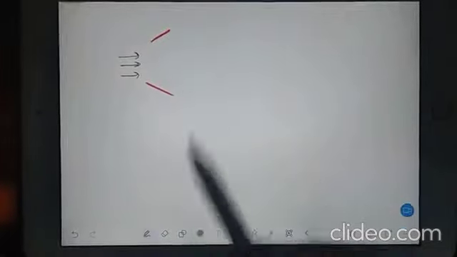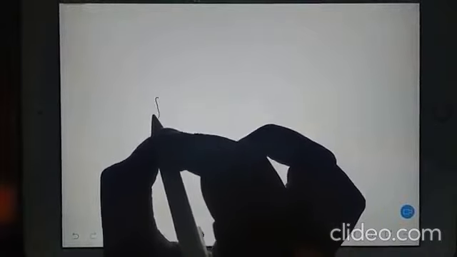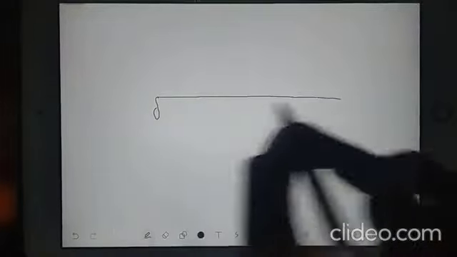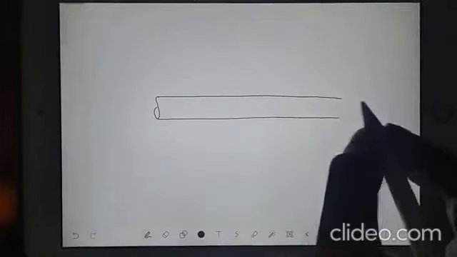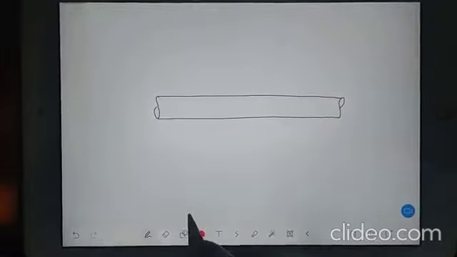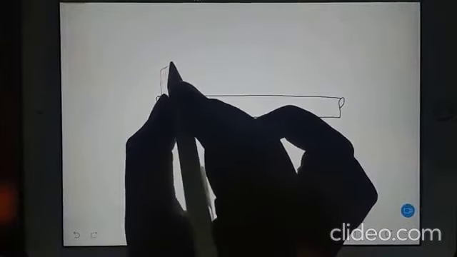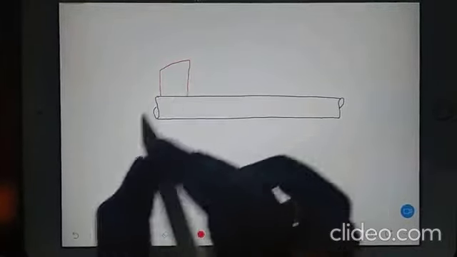So I will just draw like this. I will draw a shaft here. And on this shaft, I will draw the compressor here.